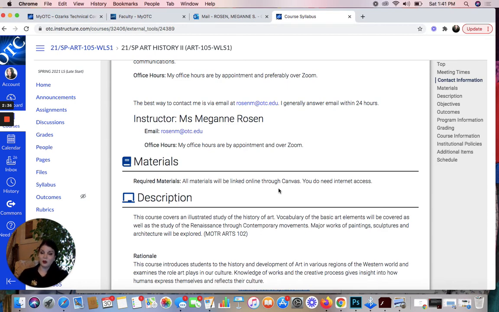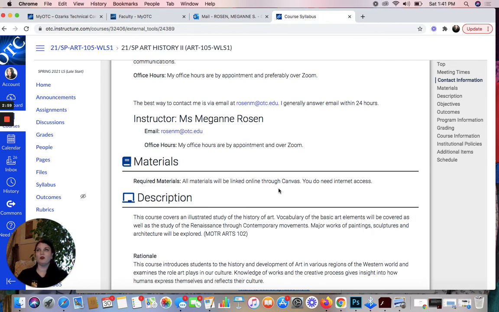I do recommend that you have a notebook and that you take notes on the lectures, which I understand sounds slightly arcane, maybe a little bit old-fashioned, but there have been lots and lots of studies that show that if you see and listen to something and then you physically write it down, you're much more likely to retain that information.